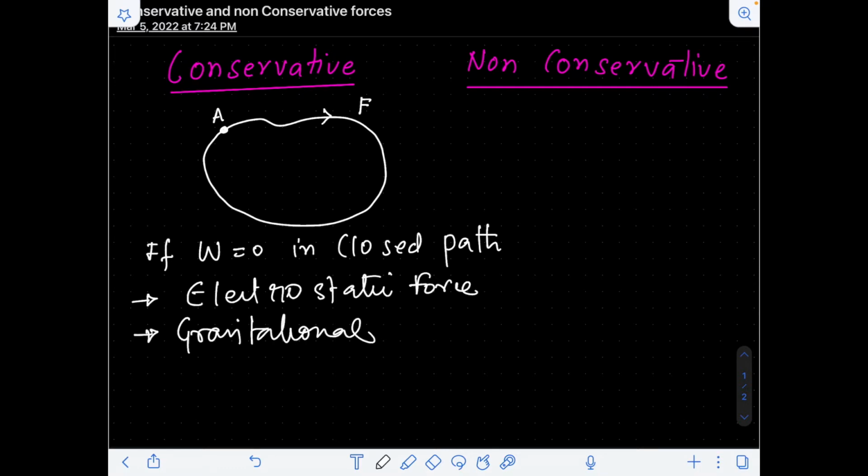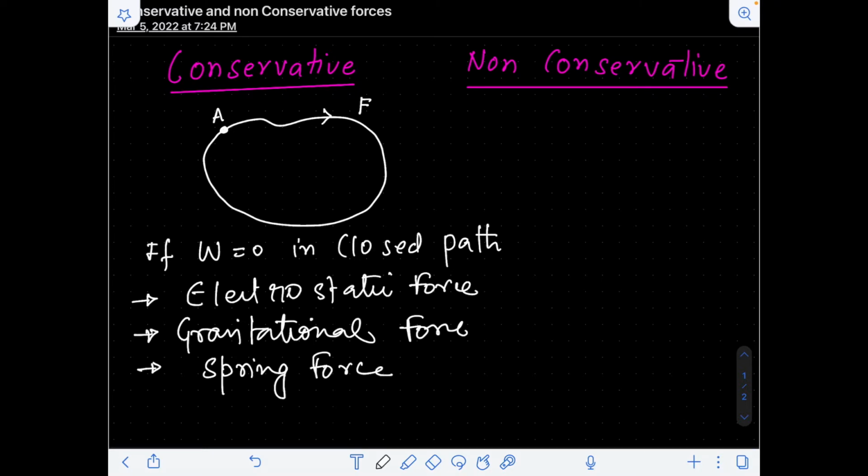Gravitational force is also conservative in nature, and you may have heard about the elastic force, that is the force due to a stretched spring, so spring force. These are the three very basic examples which come under the conservative forces.